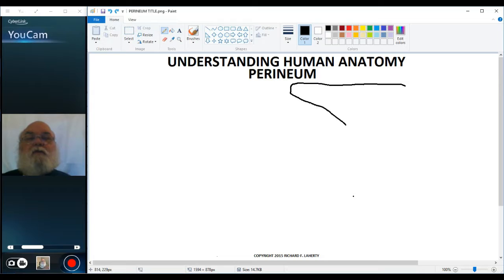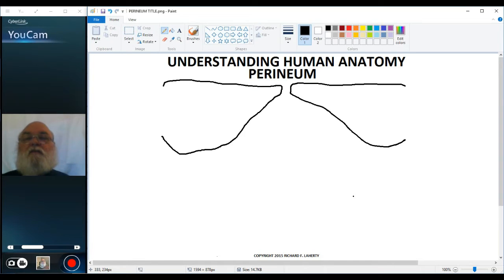the boundaries of the perineum. We'll draw the os coxae in both sides, the ischial tuberosity, and the obturator foramen.